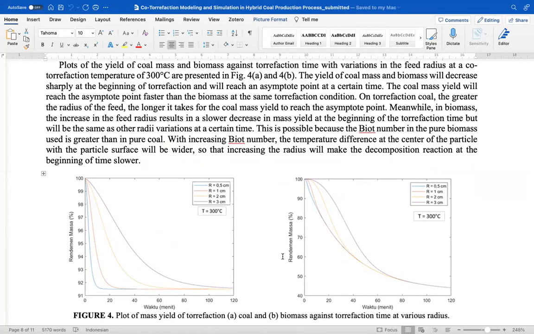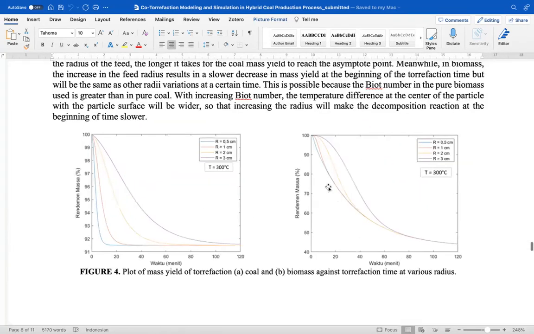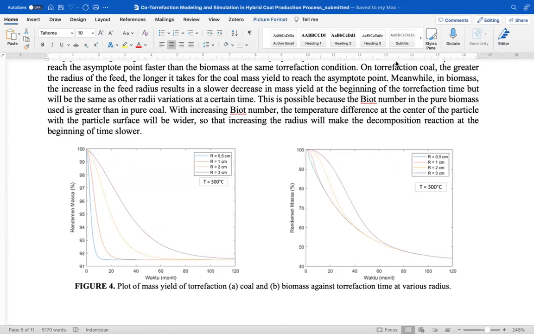So this is a kind of advanced way of transfer phenomena where you combine both the temperature difference, the heat transfer, and also the reaction, and then combine them together. This one was presented in the STKSR, and then processed into a journal paper.